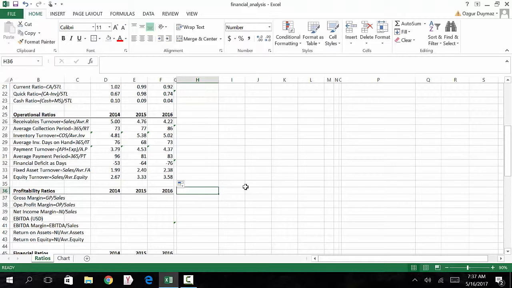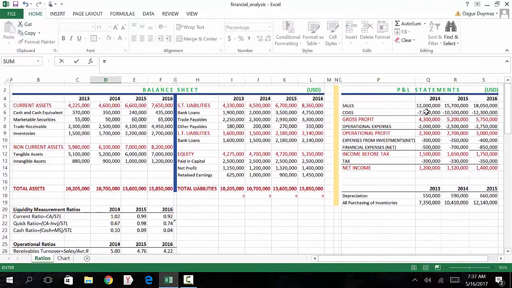And the next one is profitability ratios. This section measures the corporate profitability and financial performance. Gross margin, gross profit divided by sales. Gross profit, where is gross profit? Sales minus cost of sales is gross profit divided by sales.